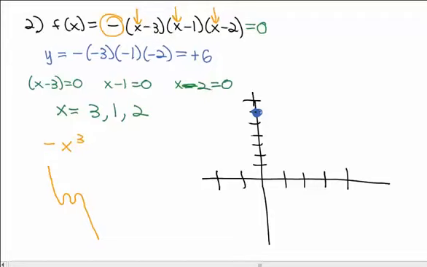Our x-intercepts are at 3, 1, and 2. And so we know the graph is going to come in from the top left, go through the first x-intercept, through the next x-intercept, and through the next x-intercept, and out. And this is our graph.